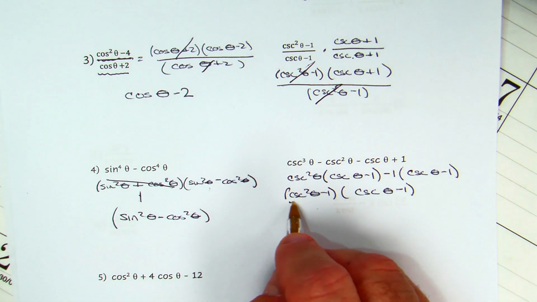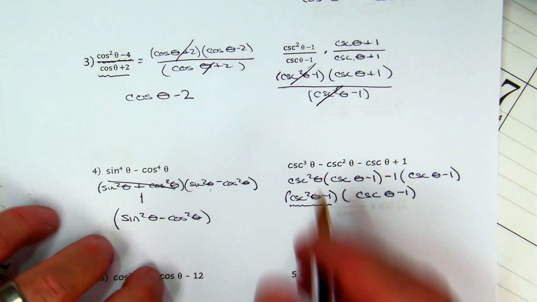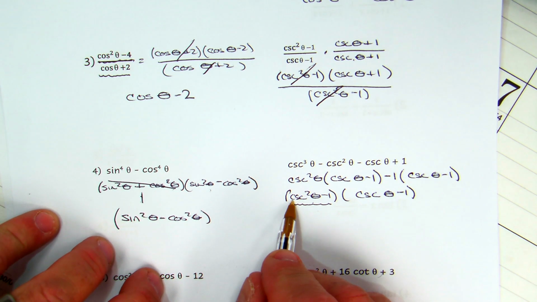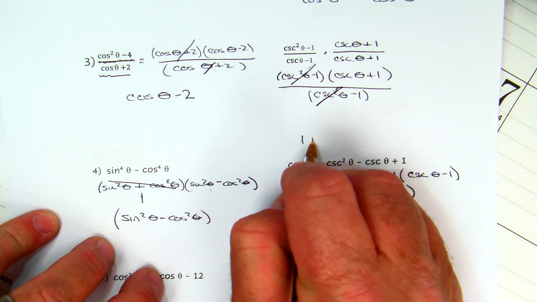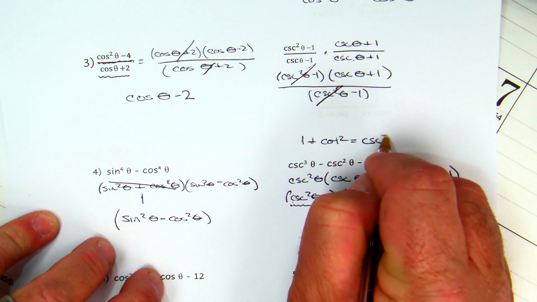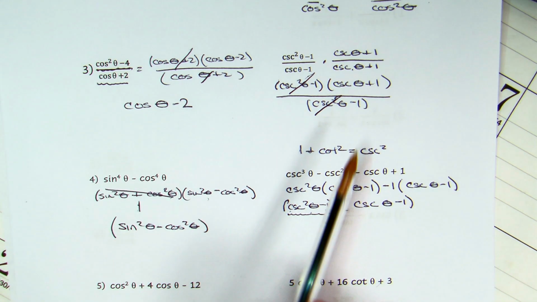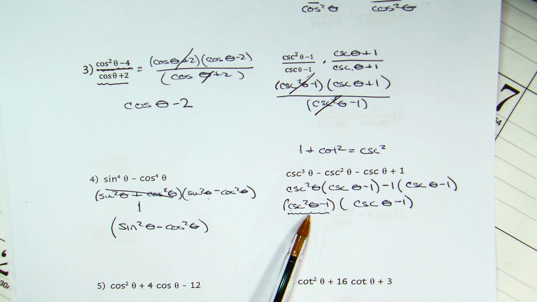Anytime you see a trig function squared with a plus or a minus 1, you need to start thinking about your Pythagorean identities. And your Pythagorean identity that works for this one with cosecant squared and 1 is 1 plus cotangent squared equals cosecant squared. You then have to manipulate it so whatever your identity is looks like your answer.